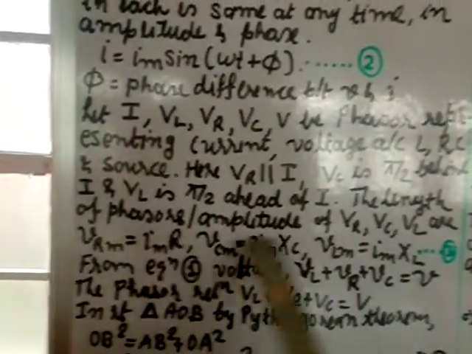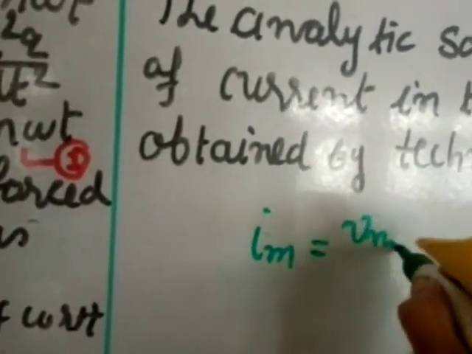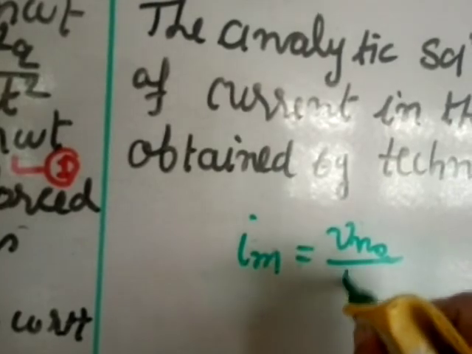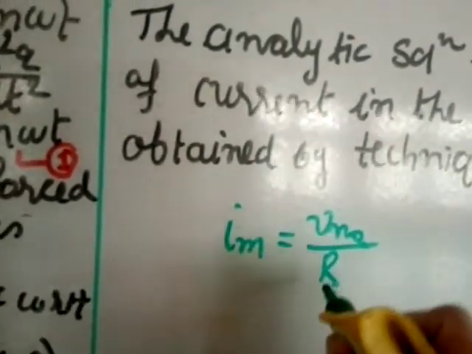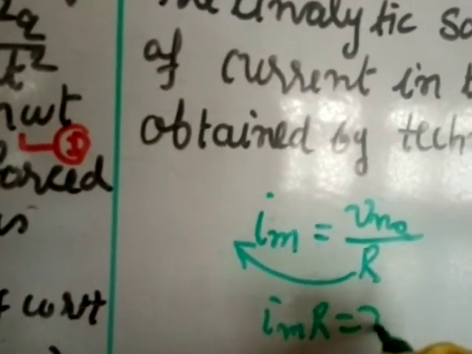Now this we have studied previously, for the pure resistor circuit, pure inductive circuit and pure capacitive circuit. For the pure resistor circuit, Im is equal to Vm divided by R. If I transfer R here, I get Im into R is equal to Vm.